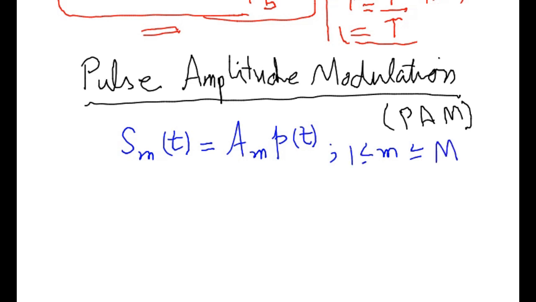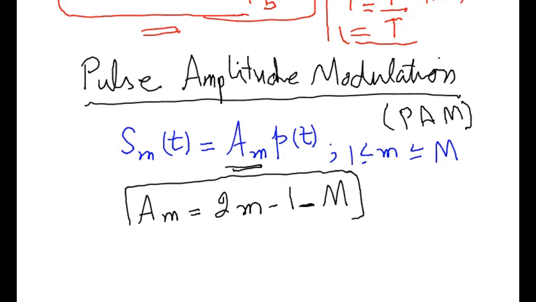And this A_m takes these values: 2m minus 1 minus M. So this is your A_m, which is the amplitude.